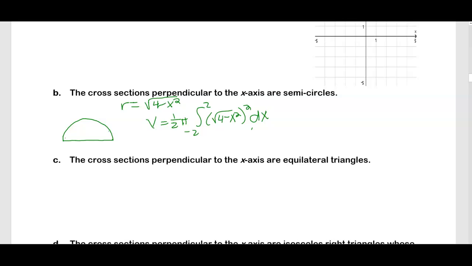Because that inside area is going to be, negative 2 to 2, again, is the 0 to 2 times 2. That's why I shouldn't distribute it in before. So you get your 16 thirds times pi. Yep.